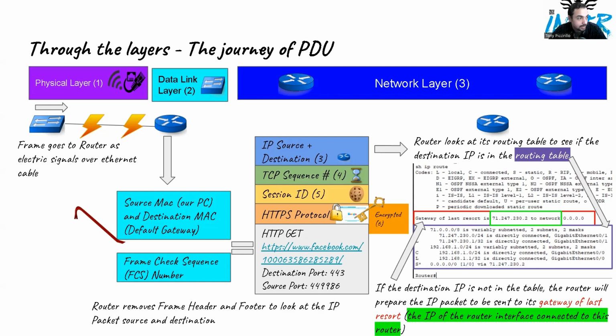The gateway of last resort is the default route for data traffic. It's like the default router of a router. So the IP you see as the gateway of last resort is actually the interface that will forward the data to the next router, as the next router is connected to this interface here.